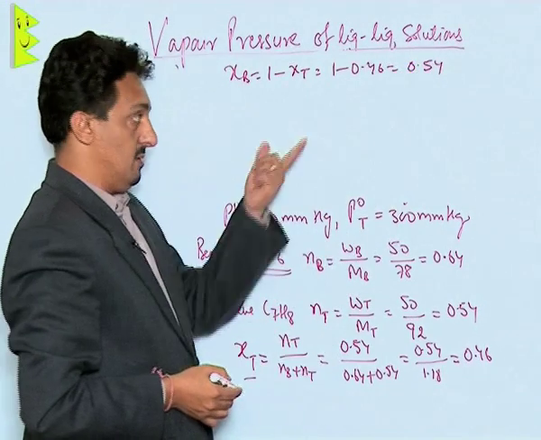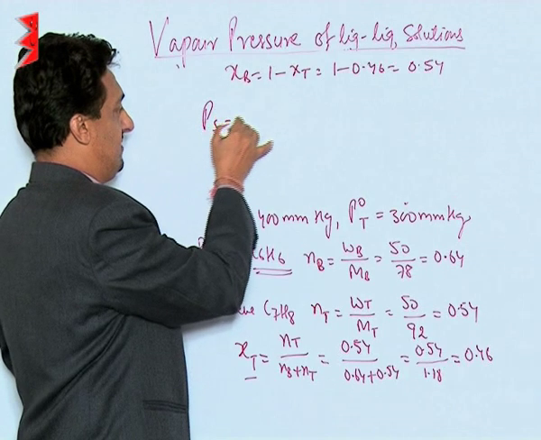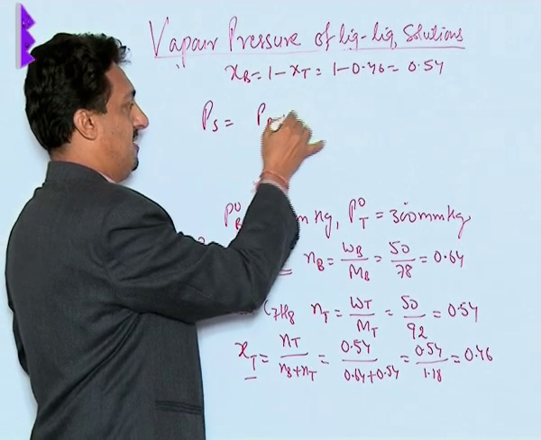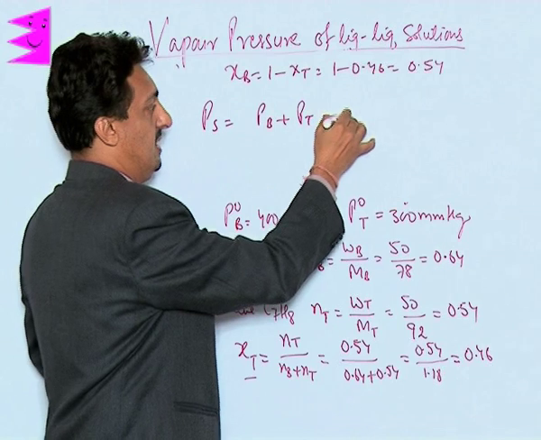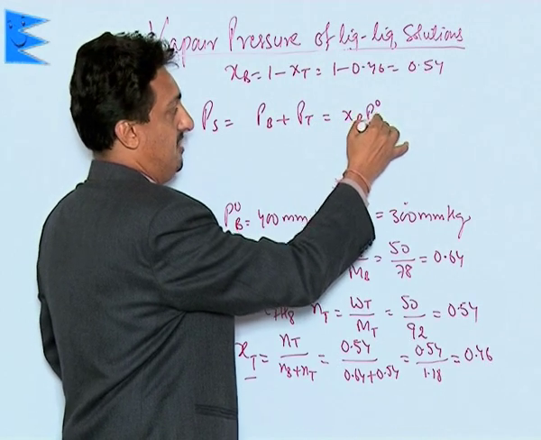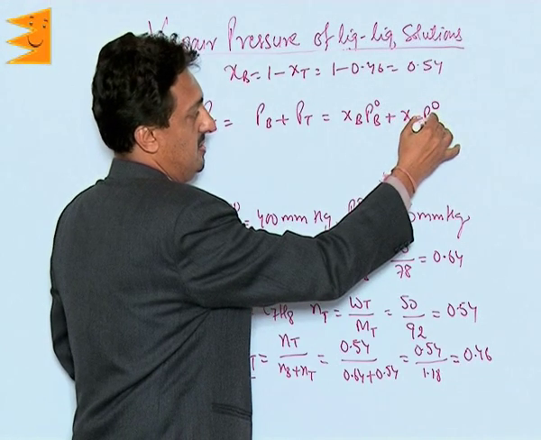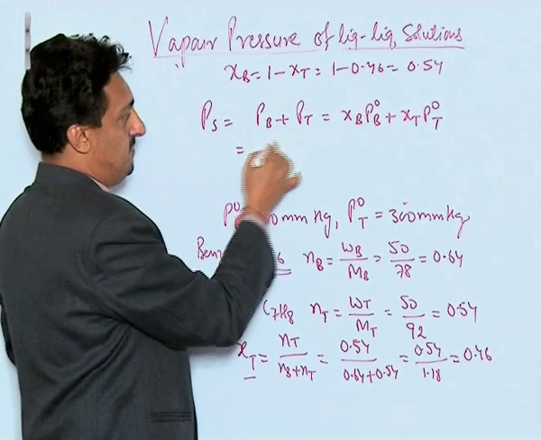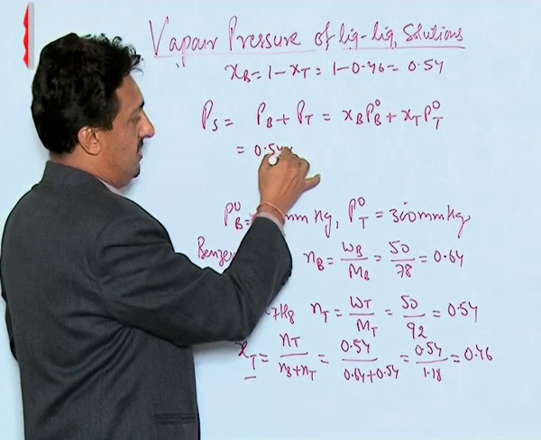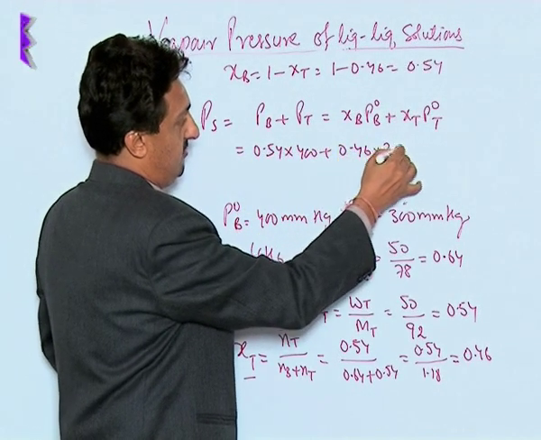Once we know the mole fractions, we know that Ps is equal to the partial pressure of benzene plus the partial pressure of toluene, which will be the mole fraction of benzene times the vapor pressure of benzene in the pure state, plus the mole fraction of toluene times the vapor pressure of toluene in the pure state. So it will be XB, 0.54, into 400 plus 0.46 into 300.